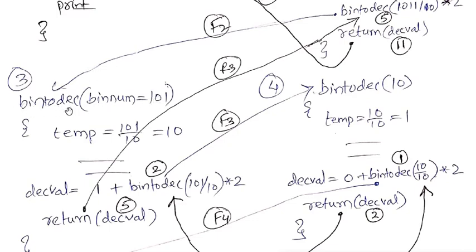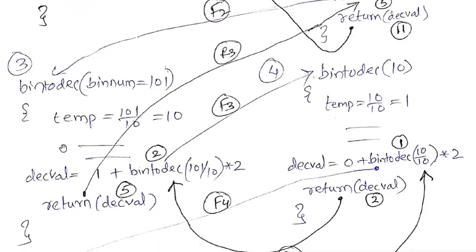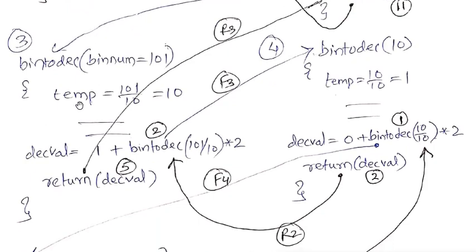Binary to decimal is called again with the value 101, and once we are inside that function, again we calculate temp. 101 divided by 10 is 10. The if condition checks whether this is 0, which is not true, so again we calculate the decimal value, which is binary number modulus 10.